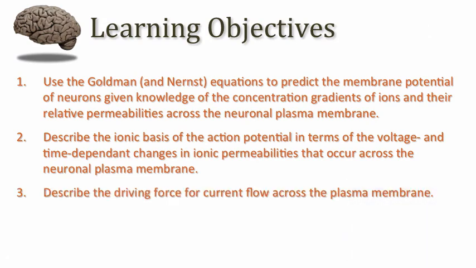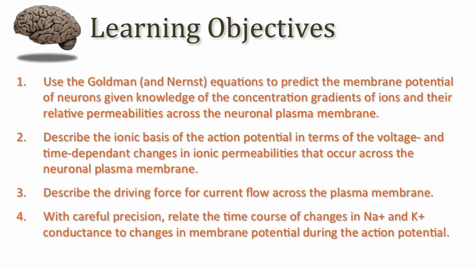I want you to be able to describe the driving force for current flow across the plasma membrane. Driving force will be an important concept that will help you understand the movement of ions through the ion channels that give rise to the action potential, but also through other kinds of ion channels that are gated not by voltage, but by neurotransmitters. So that discussion is coming up in a few tutorials.